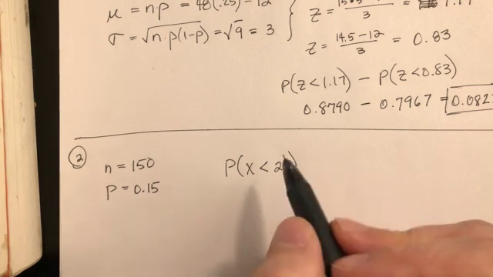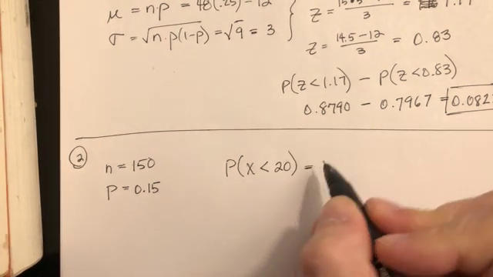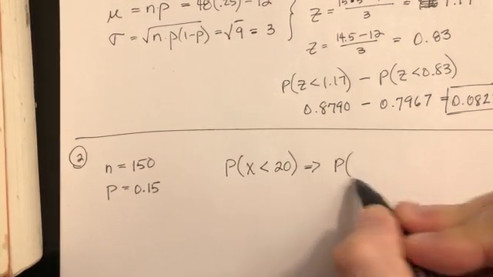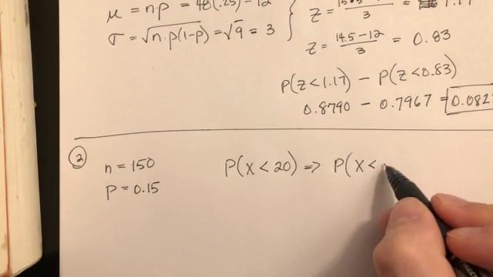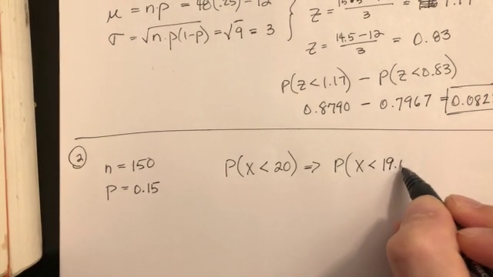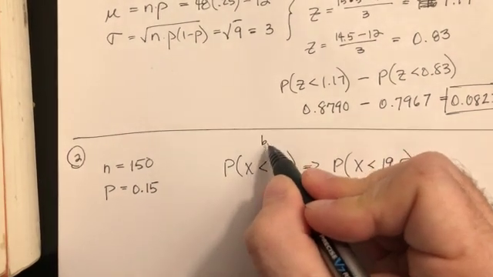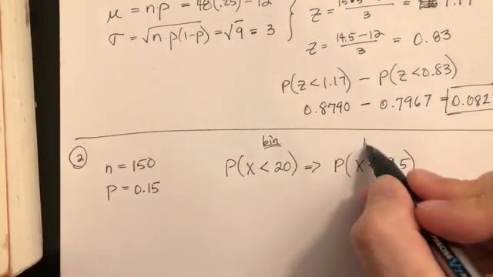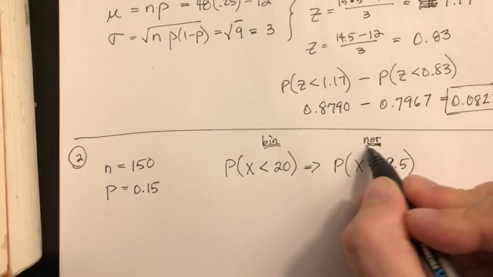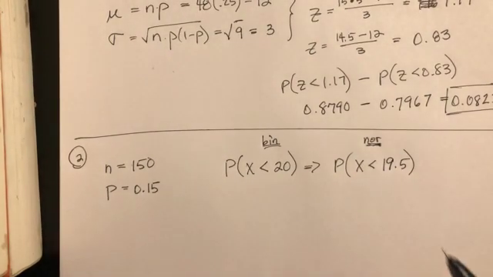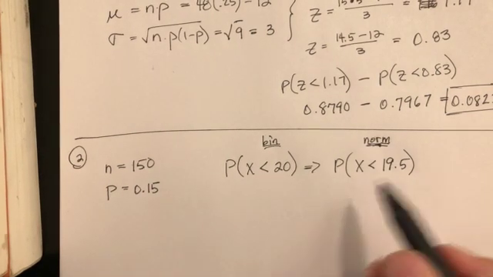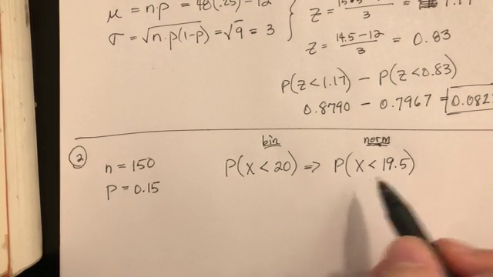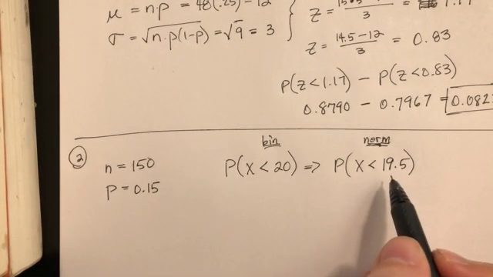So we're actually going to make this the probability that x is less than 19.5 for normal. So this is the binomial, and this is the normal approximation. Norm! It's a Cheers reference. All right, so 19.5 is the number I'm going to be working with.